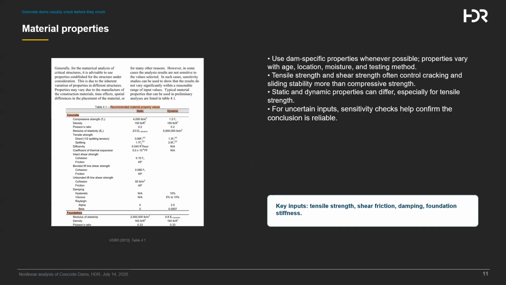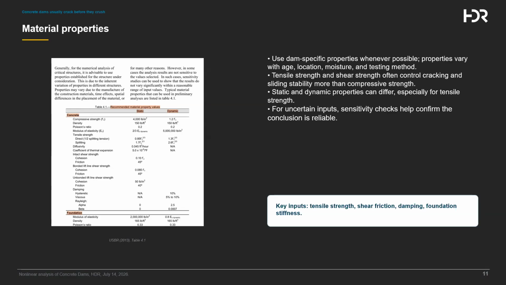One of the key inputs is material properties. For concrete dams, dam-specific properties should be used whenever possible because, as you know, concrete properties can vary with different conditions such as age, location, moisture, and testing method.